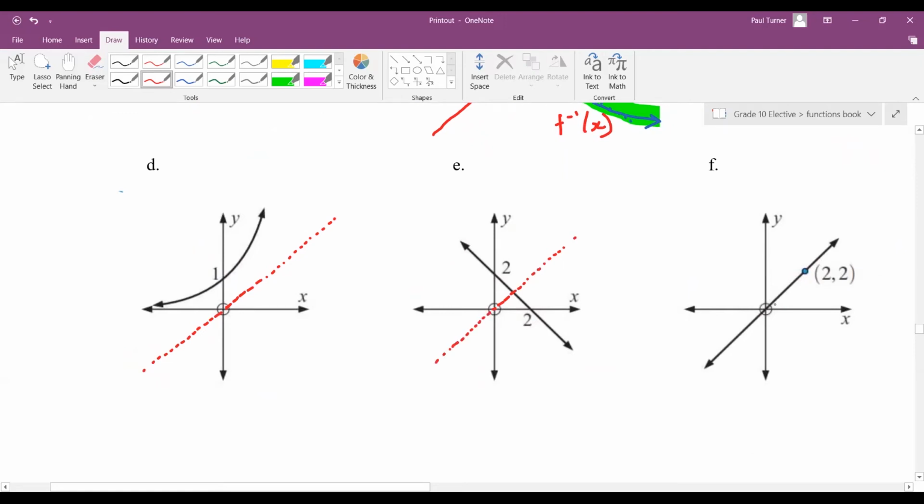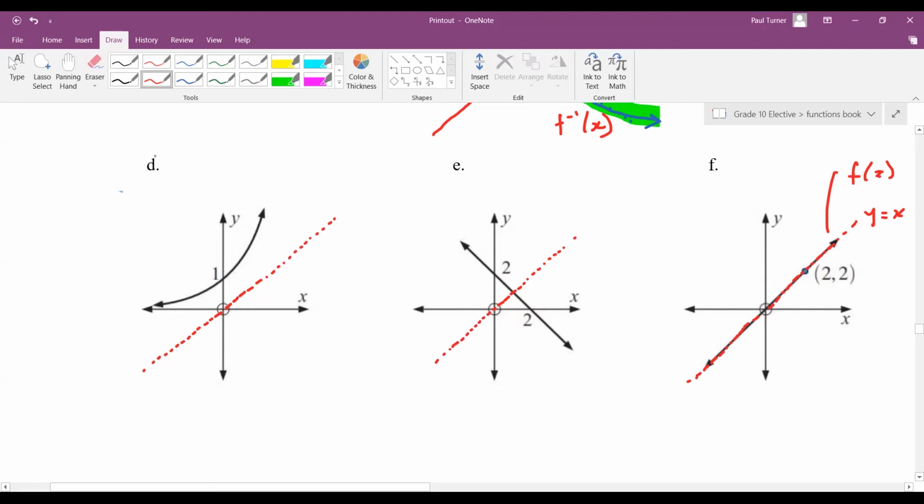But look at this one. It's actually on the line. 2, 2 becomes 2, 2. So your y equals x is actually the same as your function. Okay, that's an interesting one.